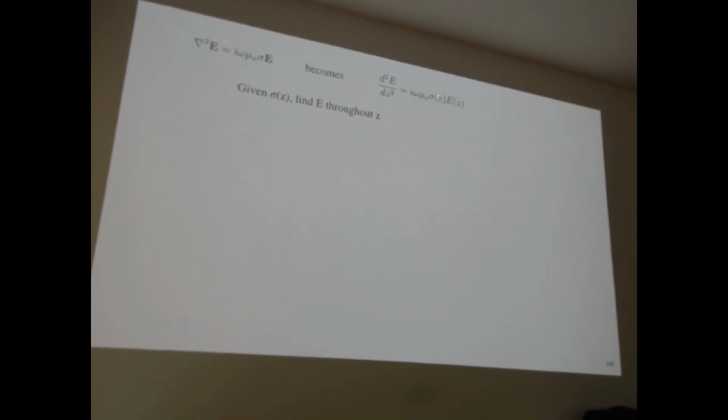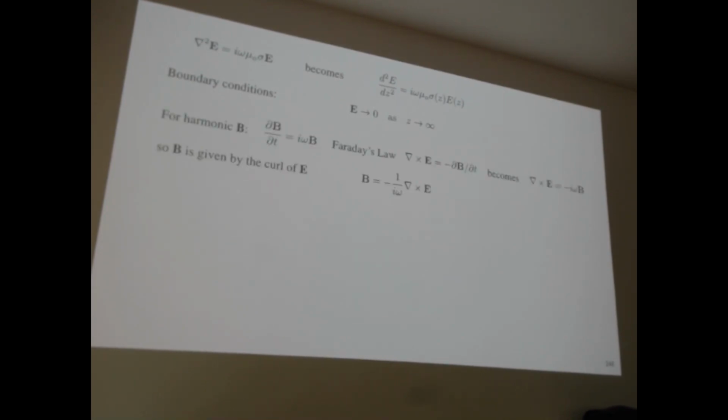So the problem here is, given a conductivity as a function of depth, find the electric field everywhere, and then once we know the electric field everywhere, we can work out what it is at the surface. We need a boundary condition to solve this, so we're going to say that at infinite depth, the electric field is 0, because we see from the skin depth that no matter what the skin depth is in any part of the model, eventually the electric field has to be zero far away.